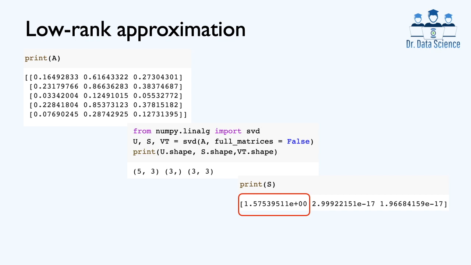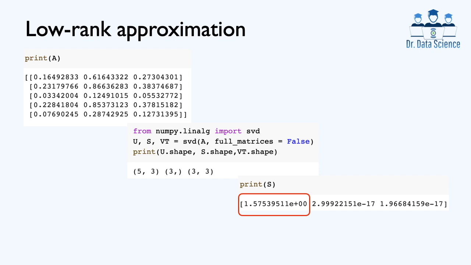So if you look at the shape, or the size, of each of these singular vectors and singular values, you can see that matrix U is 5 by 3, so it's no longer a square. And then S is a one-dimensional array with 3 elements. You can also see the values of those 3 elements. And then the matrix V transpose, which we call VT here, is also 3 by 3.